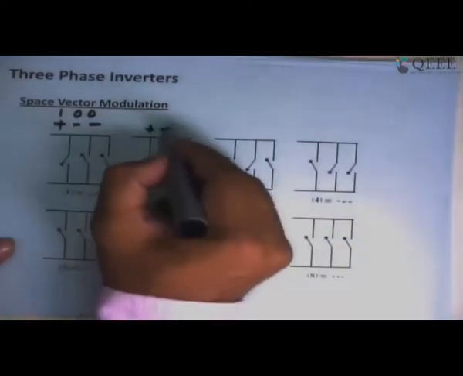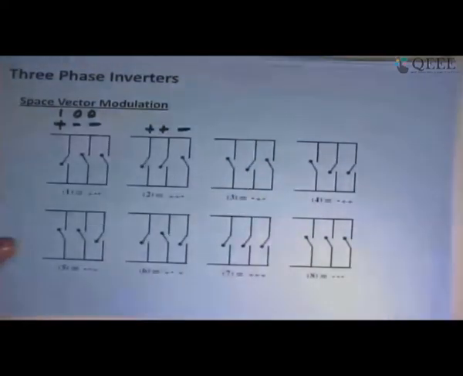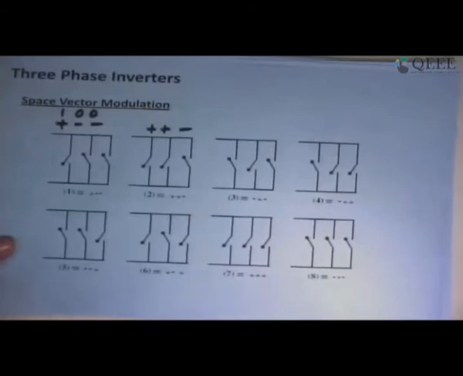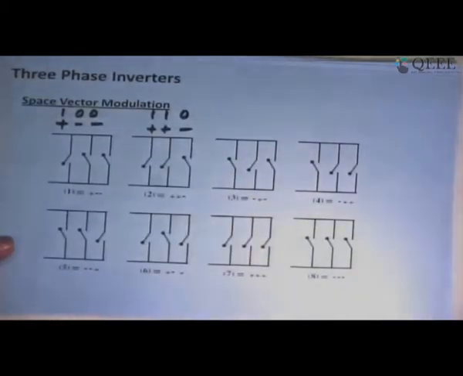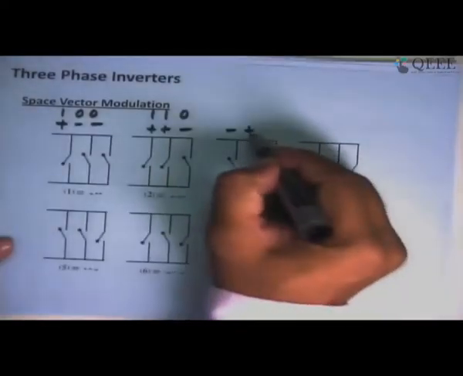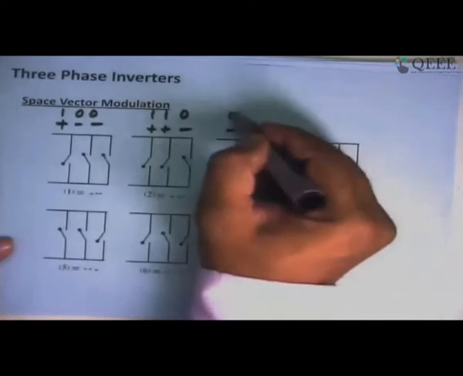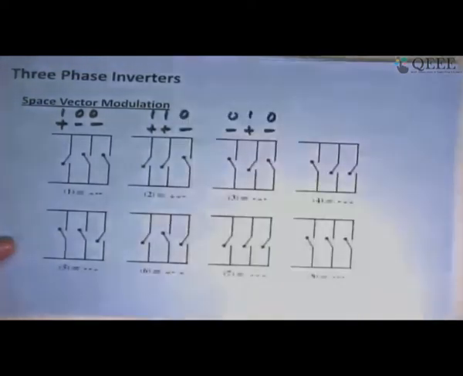This is plus plus minus, where plus is VDC by 2 and minus is minus VDC by 2. So this is 1 1 0. This is minus plus minus, so 0 1 0.